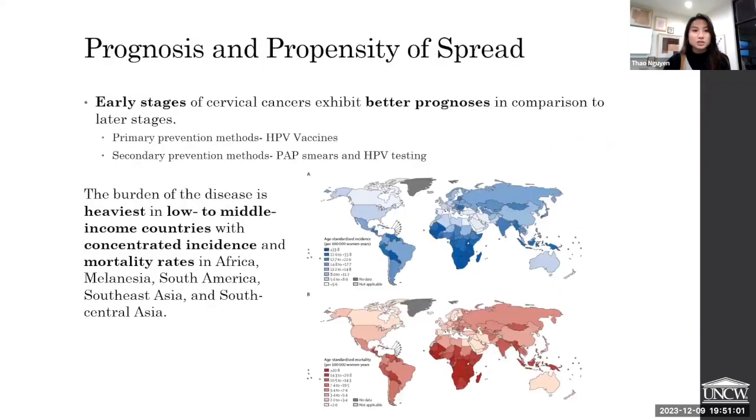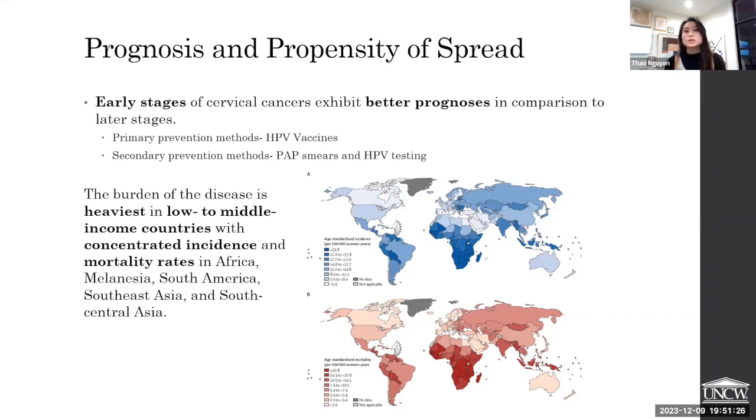Early stages of cervical cancers exhibit better prognoses in comparison to later stages. This is partially due to the availability of primary and secondary prevention methods, such as HPV vaccines, pap smears, and HPV testing. But what if you don't have access to regular screenings and or vaccines?